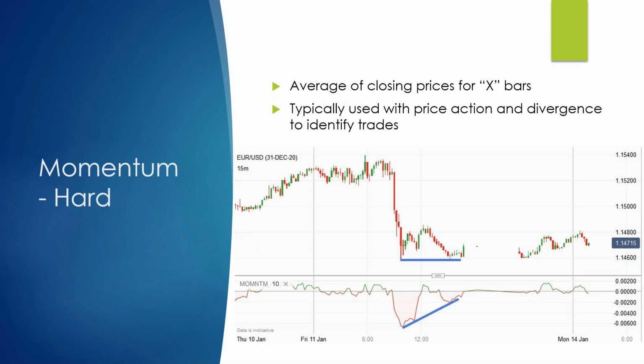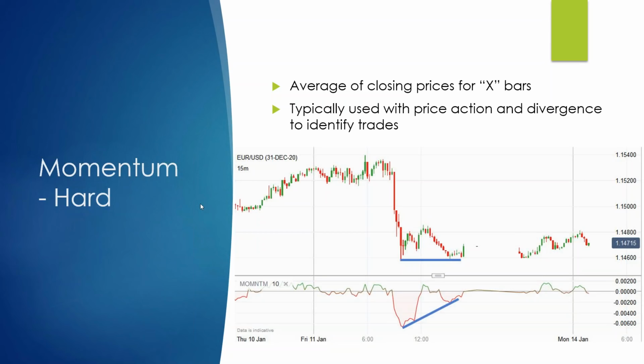Then you can combine that with, for example, in this chart, you can see that price came back and tested the low over here. And when it did, the momentum indicator actually was higher than it was on the low. That's called divergence. So this is why I classify this as a harder indicator, because you really do need to combine techniques to use it, okay?